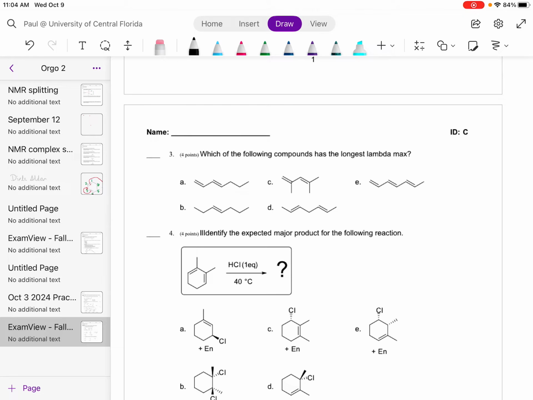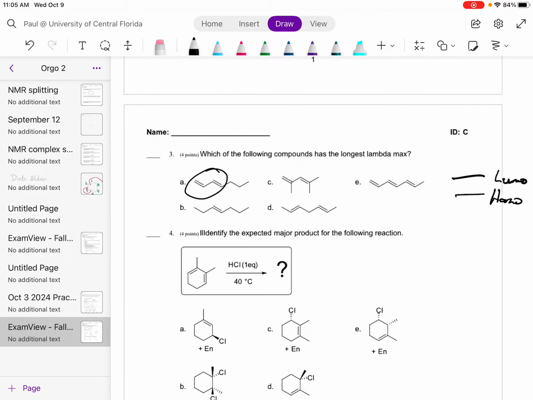Which of the following compounds has the longest lambda max? The compound with the longest lambda max is the one that has the shortest HOMO-LUMO gap. And the molecule that has the shortest HOMO-LUMO gap is the molecule that has the most conjugation.